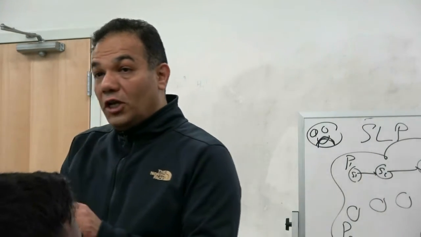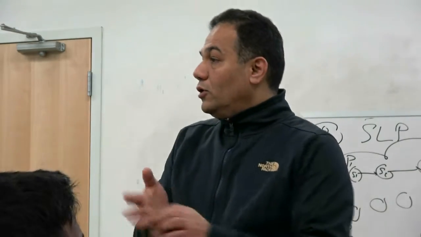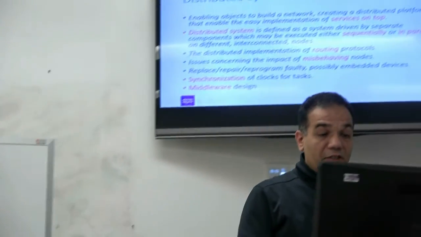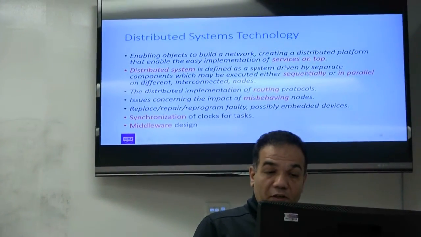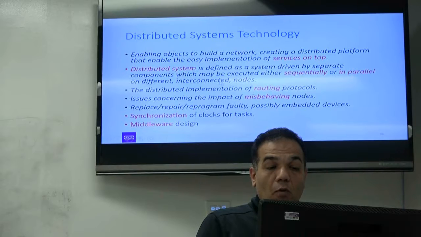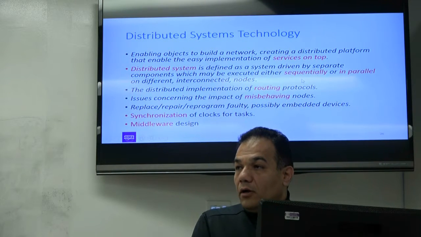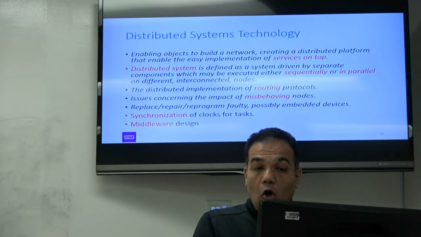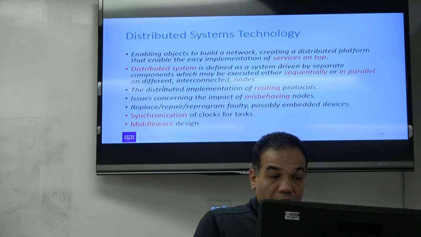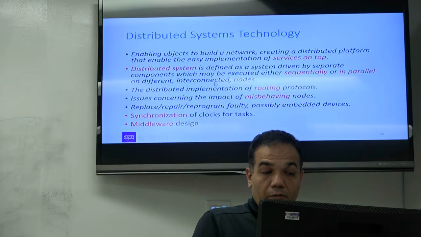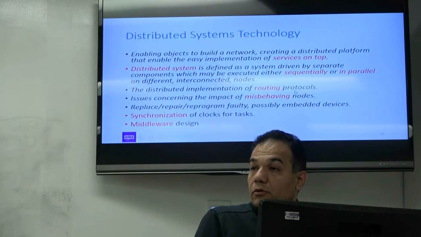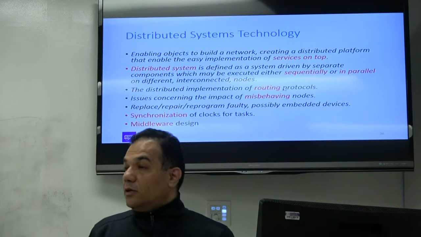Off-the-shelf means it's ready; you just have to implement the service and application. A distributed system is defined as a system driven by separate components which may be executed either sequentially or in parallel on different interconnected nodes. Then the distributed implementation of routing protocols. What kind of routing protocol?